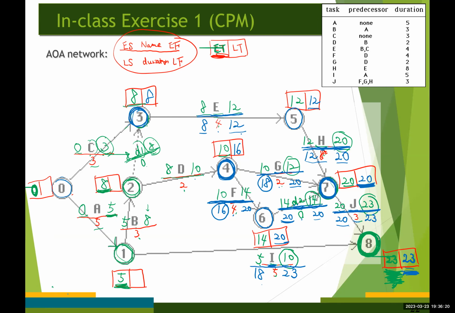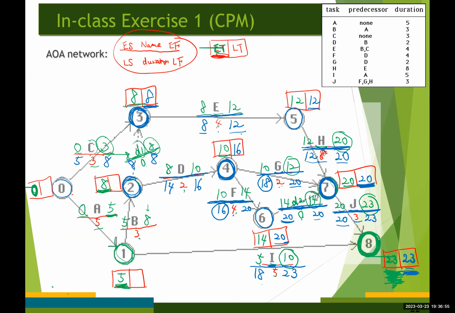Then we have 16 as the latest finish time for activity D. 16 minus 2, which is 14, becomes the latest start time for activity D, right? And since the latest time for event number 3 is 8, we're going to have 8 and 8 down here, right? 8 minus 0 is 8. 8 minus 3 is 5.